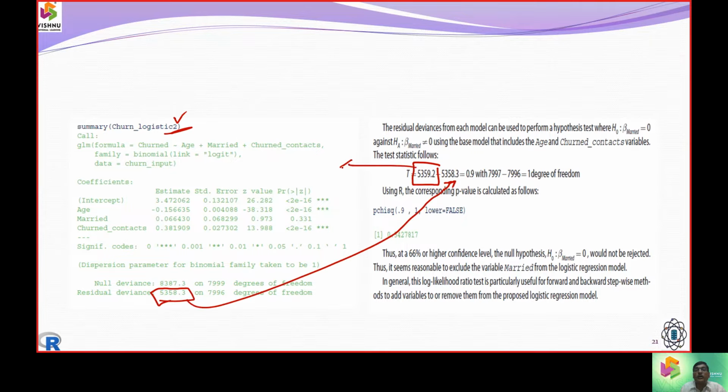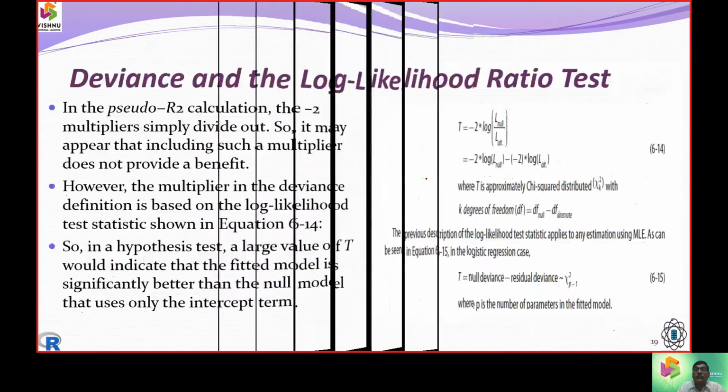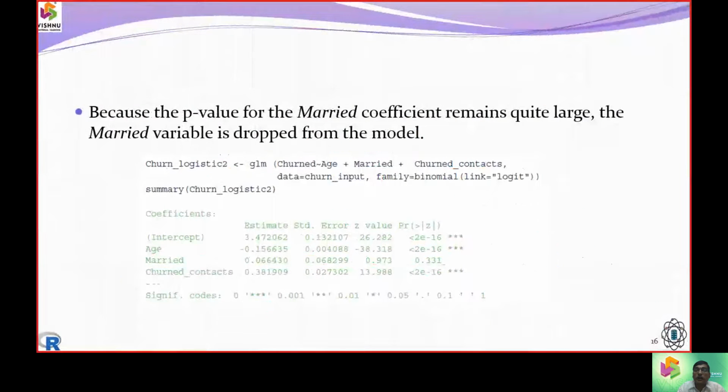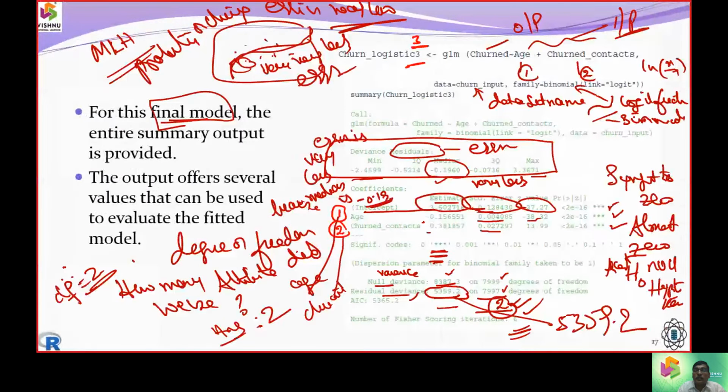Where is this value from? Previous slide, I will write, this is 21. Where did I get 5359? I got this value from slide number 17.